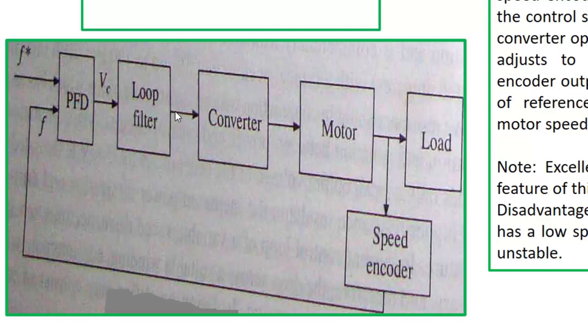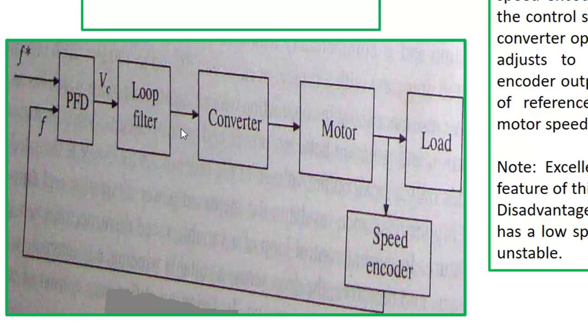This control signal's pulse width will change as per the phase difference between the two signals. So the on period of the switches is controlled, and at the same time the speed of the motor is controlled. The loop will be locked when the speed of the motor, or this train of pulses, becomes equal to the reference signal. Then the system becomes locked and the motor will rotate at the desired speed according to f star.